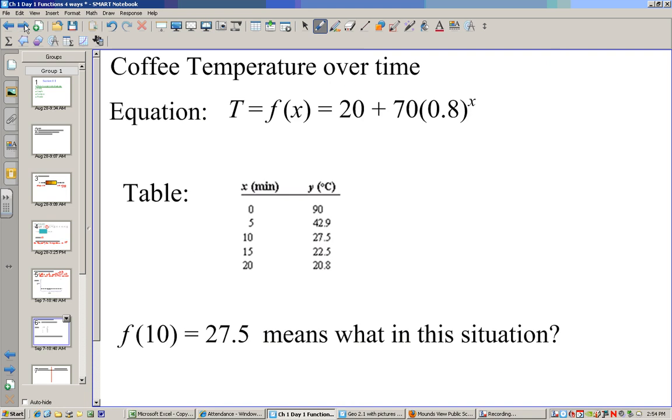That's better. Now, we could also represent that with an equation. This is an equation which turns out to be an exponential equation.